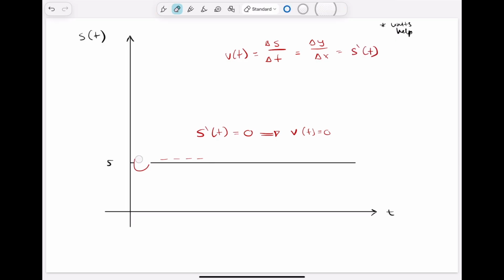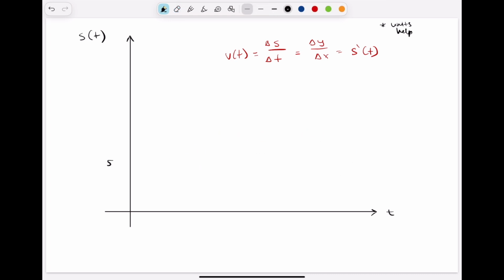Now, what if we are not stationary? Let's say we do have some movement, and let's say our movement is in a perfectly straight, uniform line. Then we can look at this, and let's say this is 1, and this is 1. So the slope of this is equal to 1, and this is the same thing as S prime of t is equal to 1.